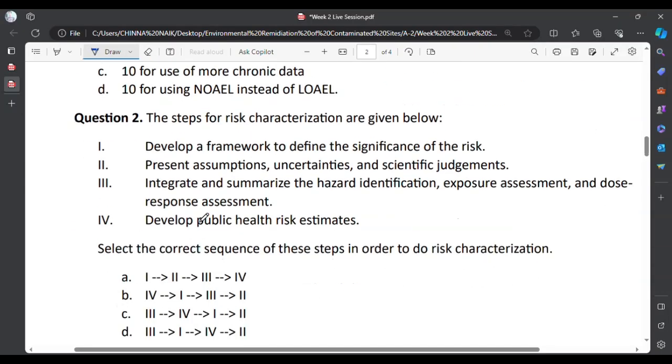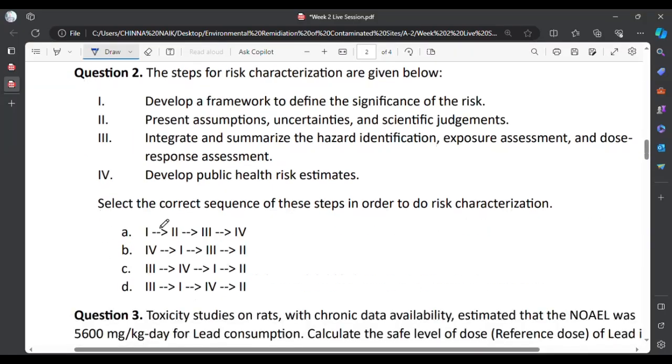And next question. The steps for risk characterization are given below. Four steps are given, and select the correct sequence of these steps in order to do risk characterization. Just try to arrange in correct sequence. So what are the steps?